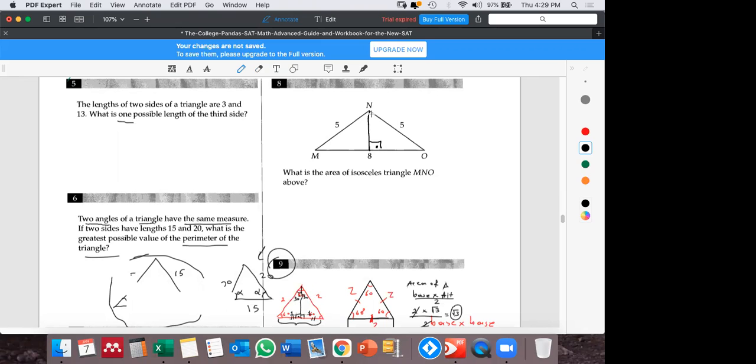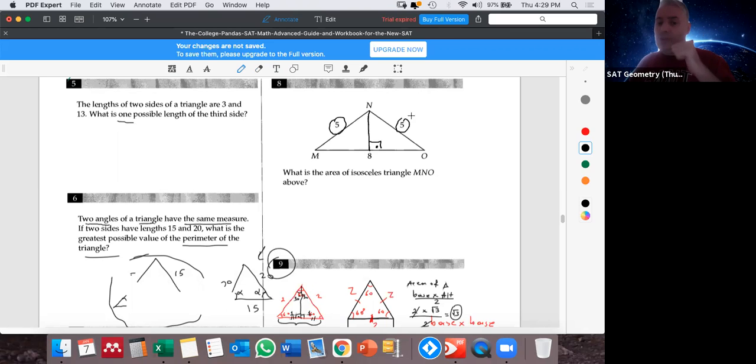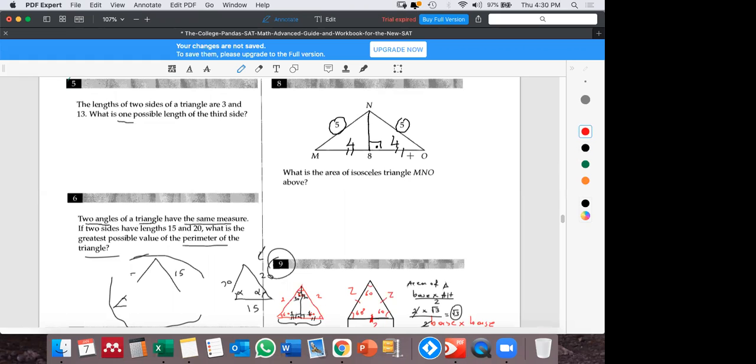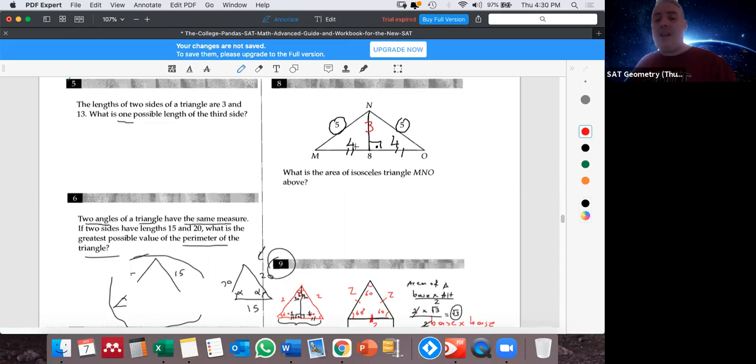Isosceles triangle, altitude is median. Median means divide the base into 2 equal parts. Since this is 8, can I say this is 4? This is 4. Yes.